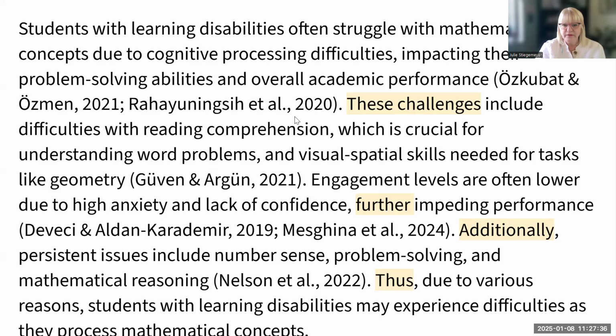So for example, this was one of the previous paragraphs I referred to. We have some very light touches in this paragraph where these challenges refers back to the new information shared in the first sentence. So here we have cognitive processing difficulties, the struggle with mathematical concepts. So then there's a really quick tag of that, these challenges.